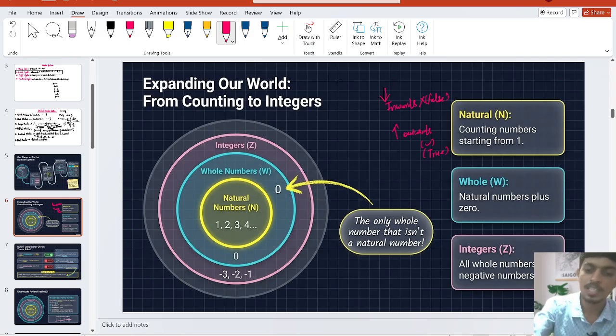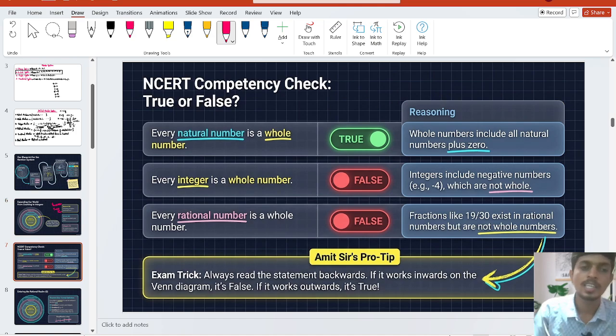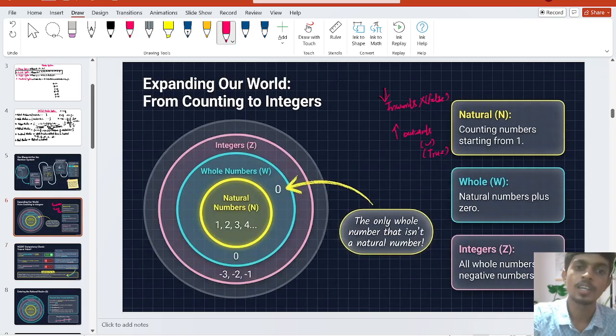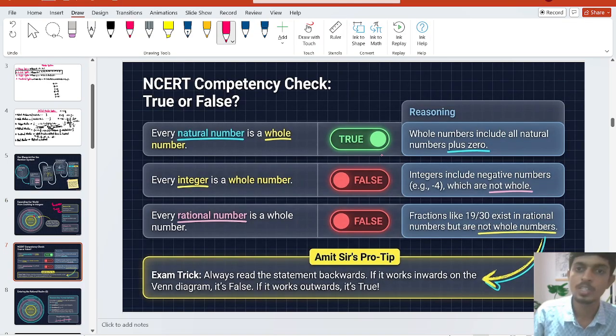Here it says every natural number is a whole number. We have to come from natural numbers to whole numbers. So every natural number is a whole number, this is outward, so the statement is true, because whole numbers include all natural numbers plus 0.